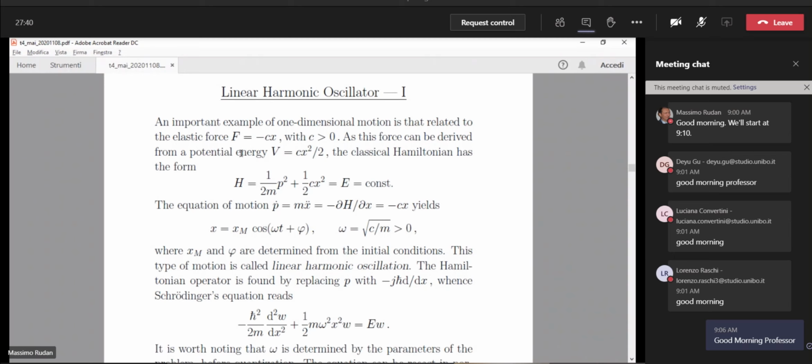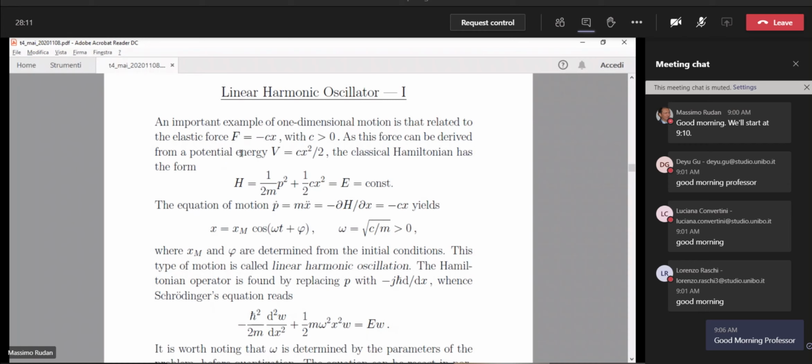The Schrödinger equation is minus h bar squared over 2m, the second derivative of the space part w of the wave function. And then, for convenience, when we consider the potential energy, instead of keeping the symbol of the elastic constant, C, we replace it.